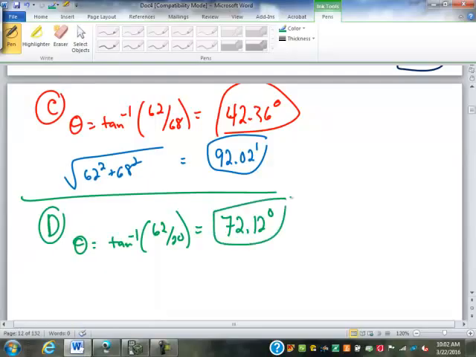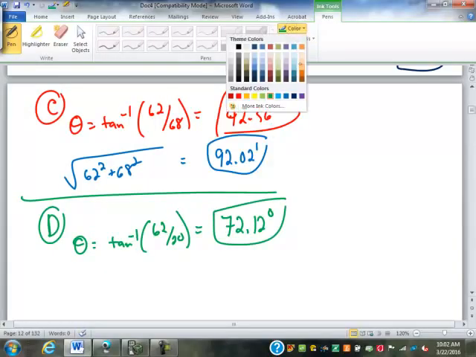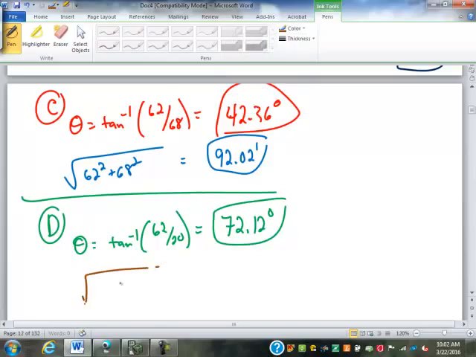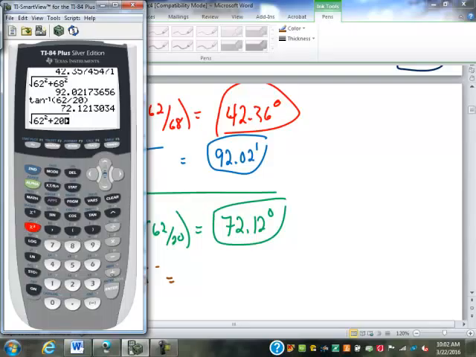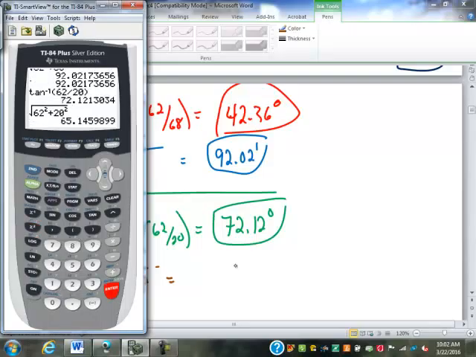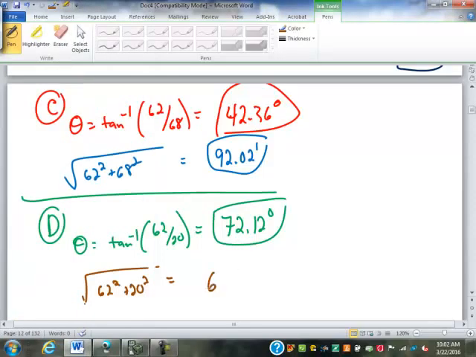How many had 72.12? And our distance is the square root of 62 squared plus 20 squared. 65.15 feet. How many of you had 65.15 feet?